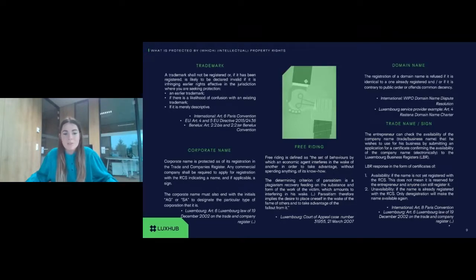Essentially, you could use this concept in court if you want to challenge a competitor that has started to use a name after you have been using it for a long time, because even if you have not registered it under trademark law, you can potentially argue that it is already part of your business, and the public knows that this name belongs to you.